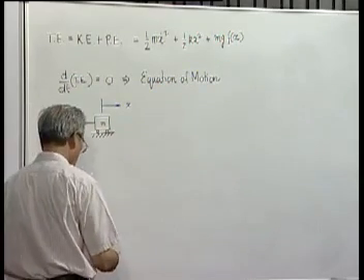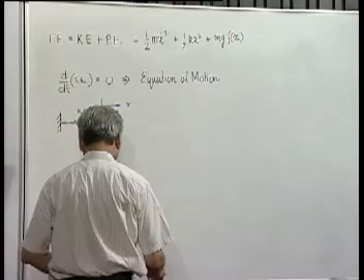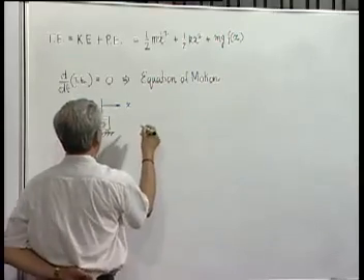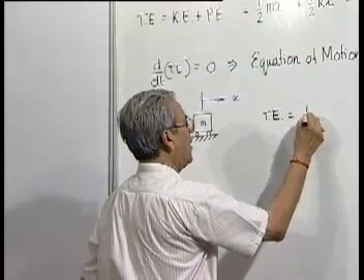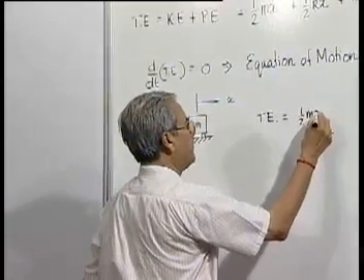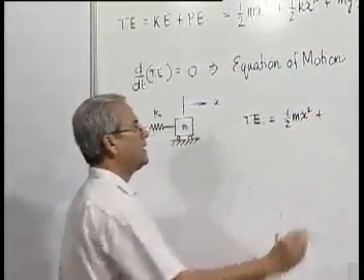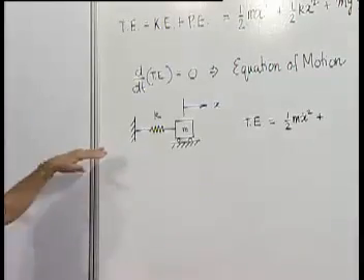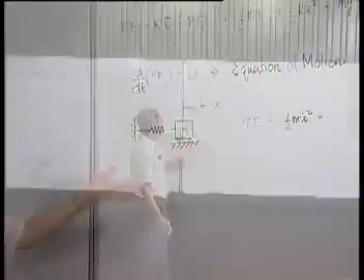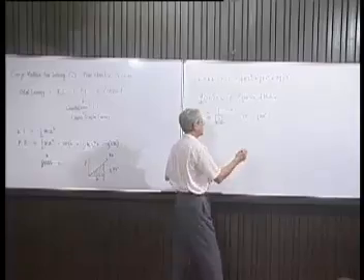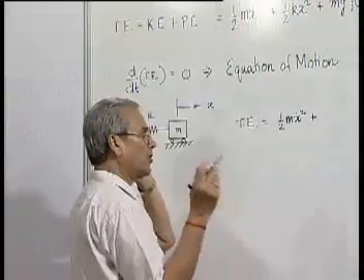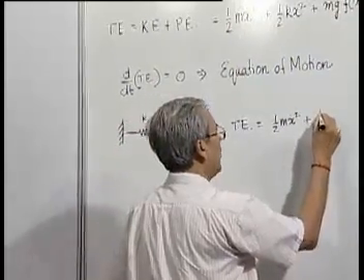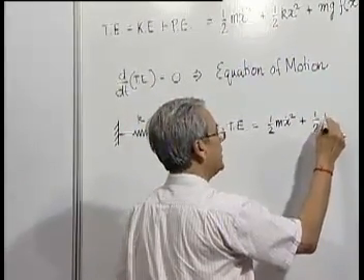So, at any position when it is deformed, say here, its total energy will be how much? Half m x dot square as the kinetic energy, and here since it is at the same level, there is no change in gravitational potential energy. So, we can consider the gravitational potential energy to be a constant or 0, whatever it is. Only the strain energy in the spring.